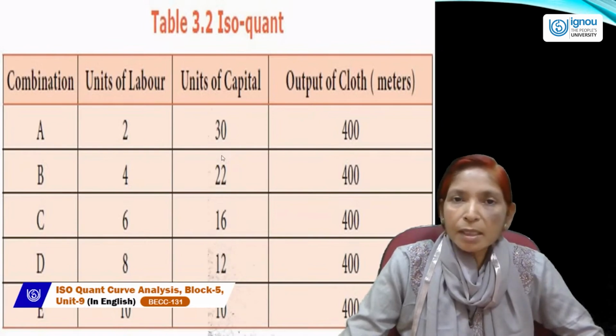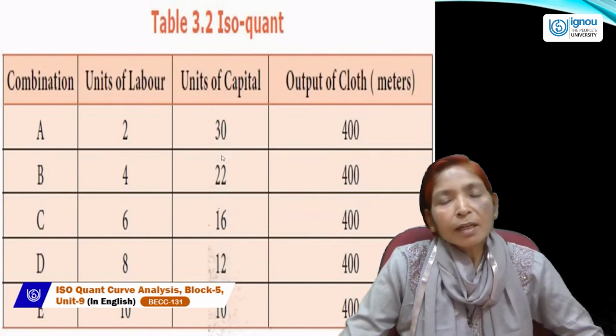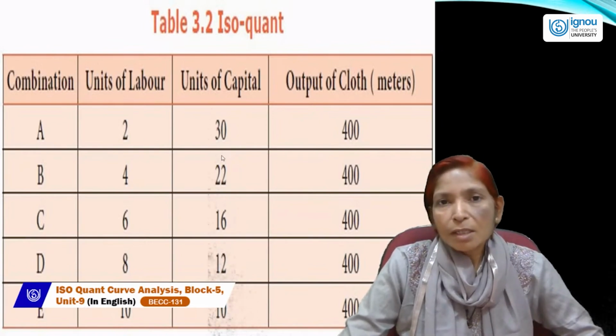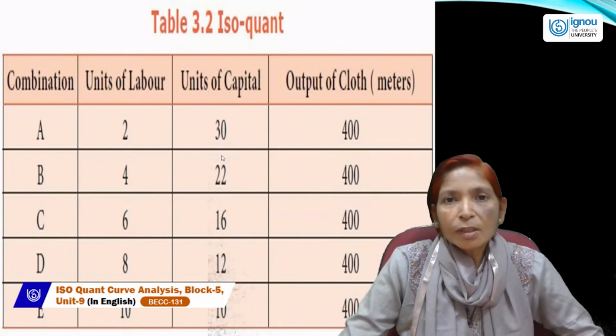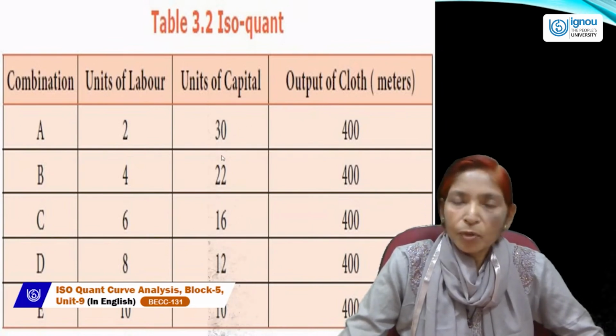And what is MRTS? The marginal rate of technical substitution is the rate at which we have to sacrifice units of one input for gaining one more additional unit of the other input.